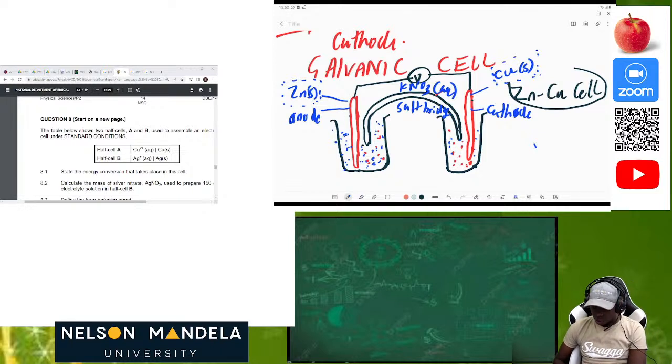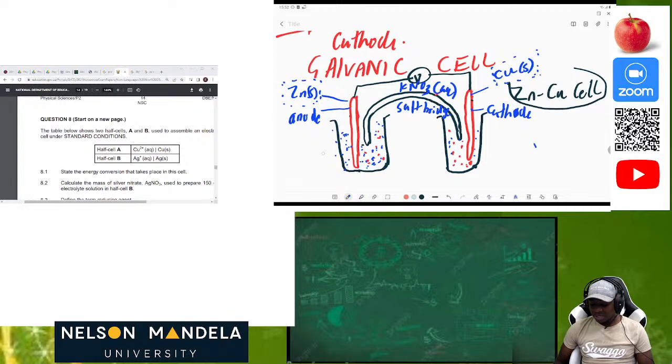Then after that, we know that on the anode, oxidation takes place. So what is oxidation? It is the loss of electrons. Just write it down. I'm writing now the half reaction on the electrode. What is important is just to know which electrode is having what.